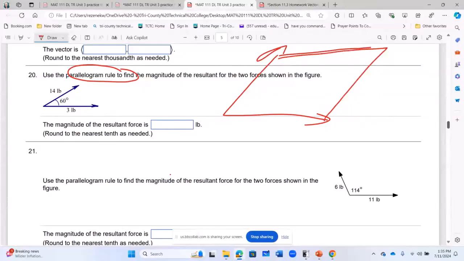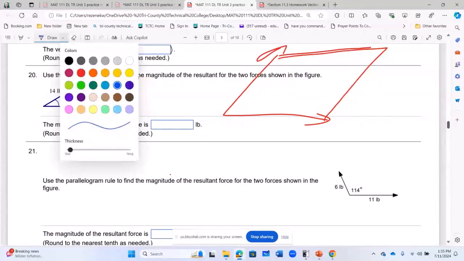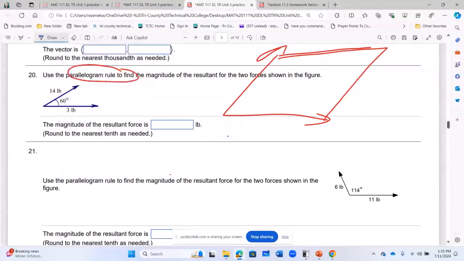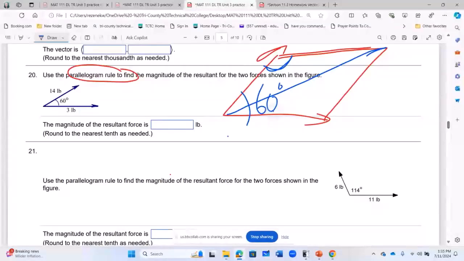I'm going to draw a diagonal, even though the diagonals do not bisect each other. I still have to draw a diagonal. But what do I really know? I'm given that this angle is 60 degrees. Adjacent angles of a parallelogram are supplementary. So if I know that it's 60, this is 120.